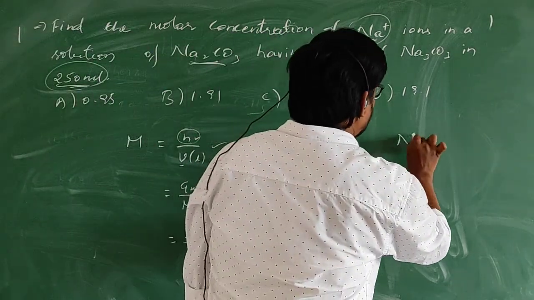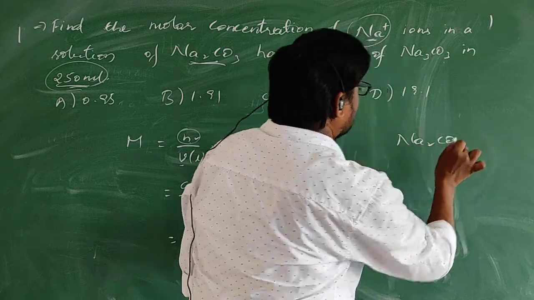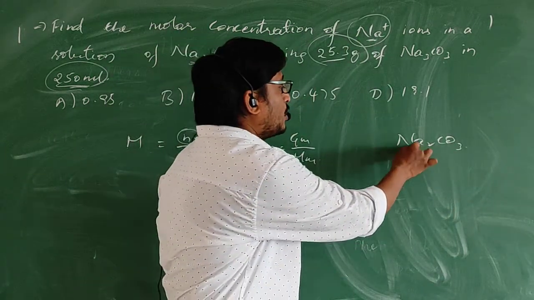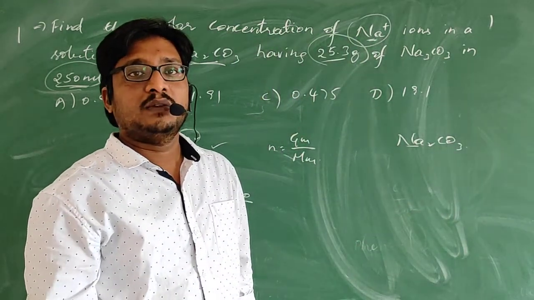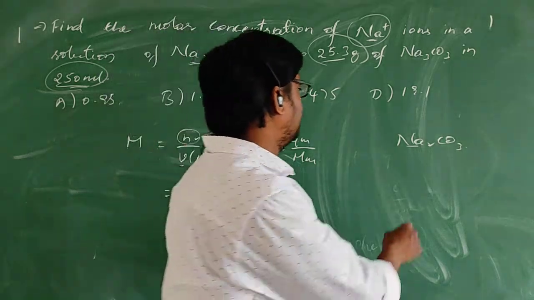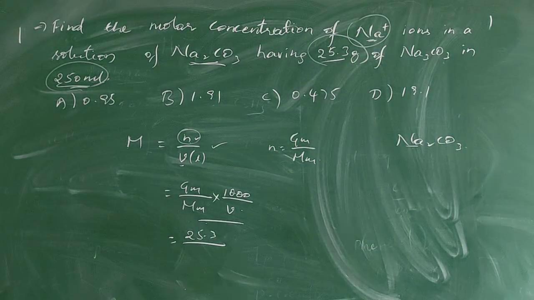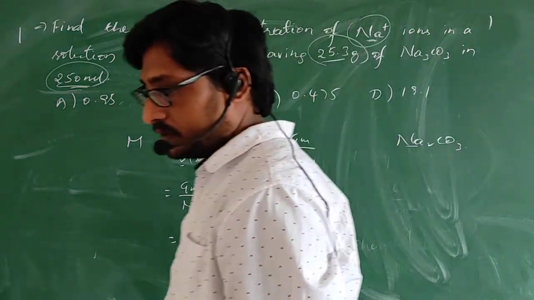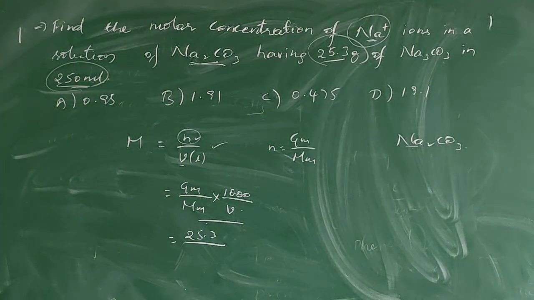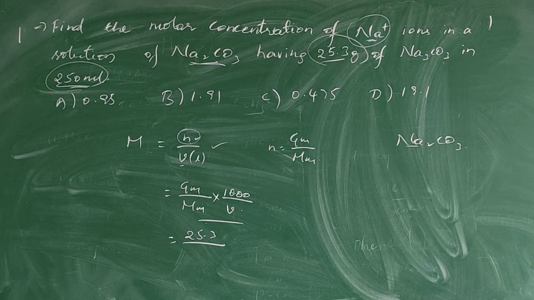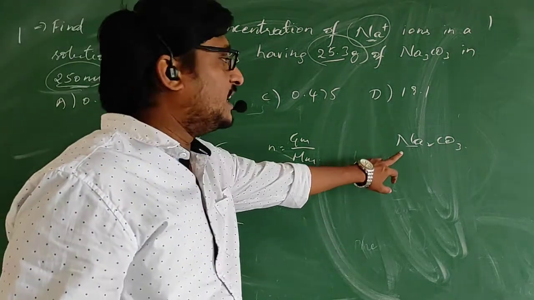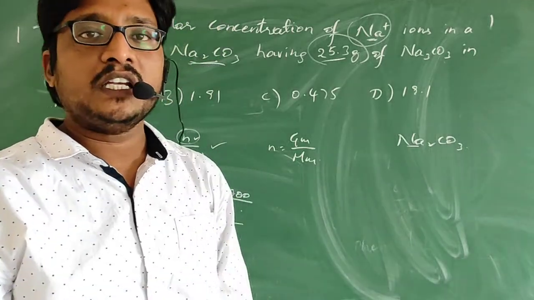What is the molar mass of sodium carbonate? Na2CO3. If you see, what is the atomic mass of sodium? So atomic number we know it is 11. Atomic mass means it will be 23.